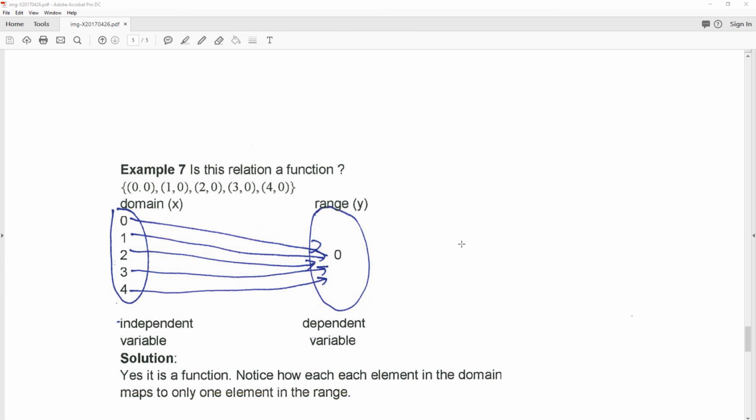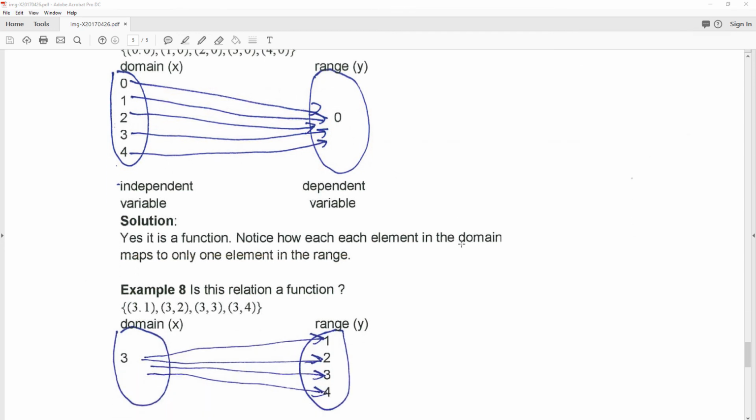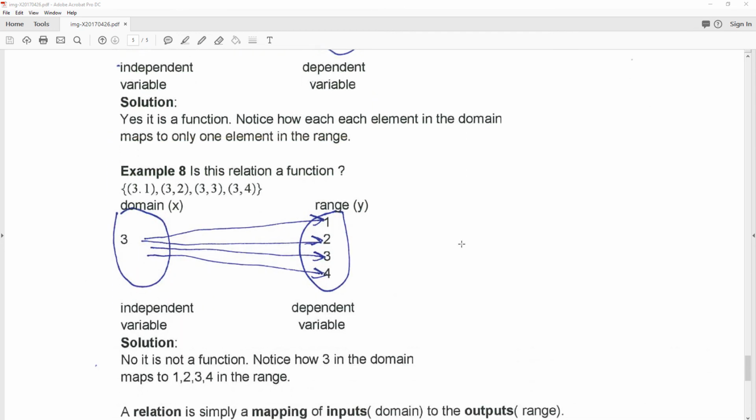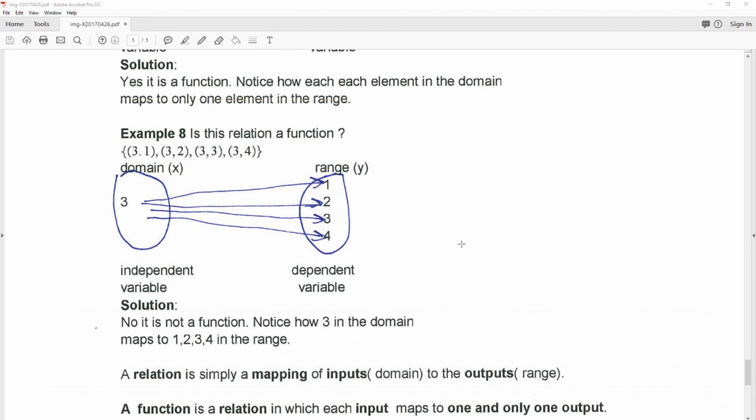Yes, it is. Notice that each element in the domain maps to one element in the range. Example 8 here. Is this a function? No, it is not a function. Notice how 3 in the domain maps to, we have the one input mapping to 4 different outputs.